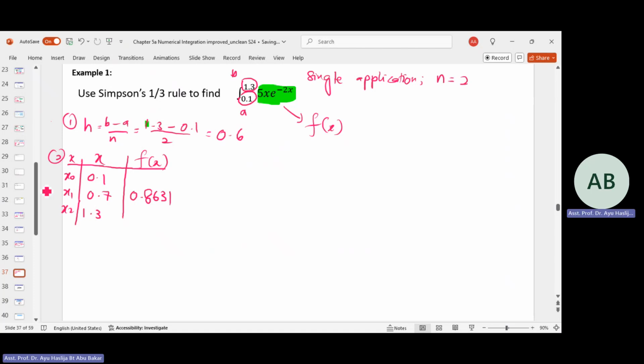I will take it as 0.4094. Just keep it to 4 decimal points. Now fx2 would be 0.4828.